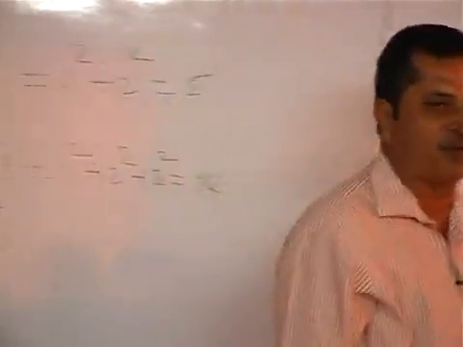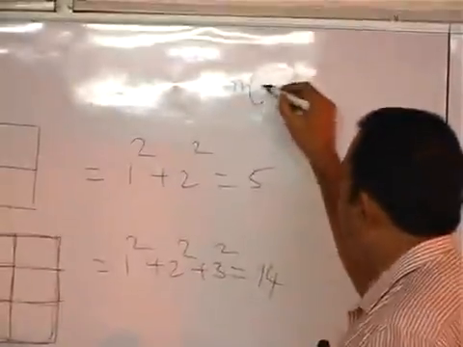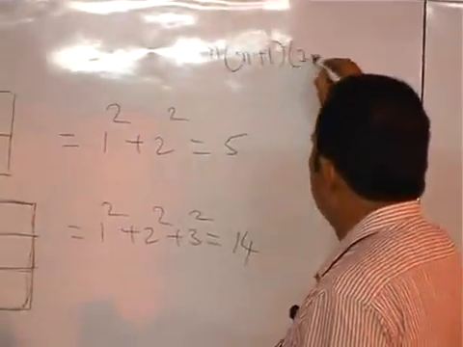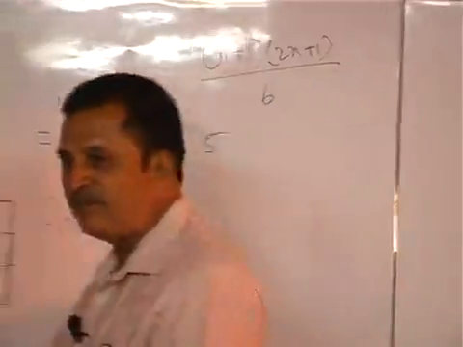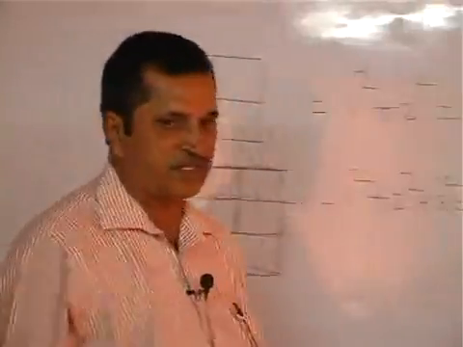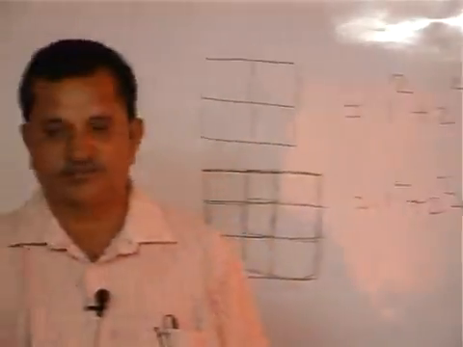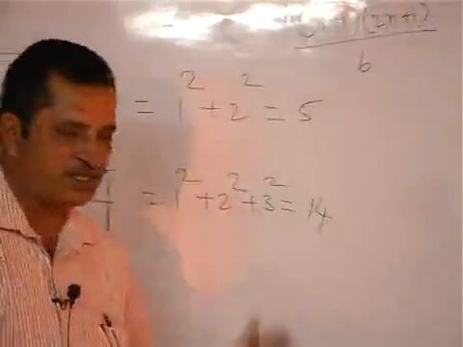Our regular chessboard contains 8 by 8. Therefore, sum of the squares of the first 8 natural numbers, n into n plus 1 into 2n plus 1 by 6.